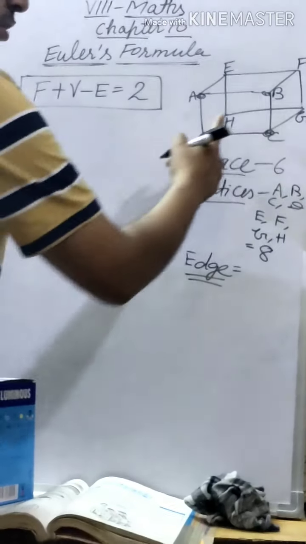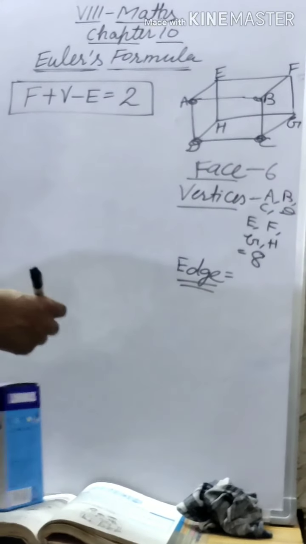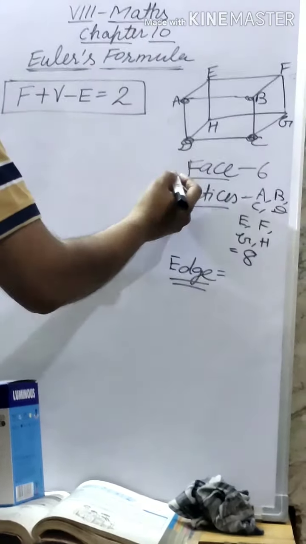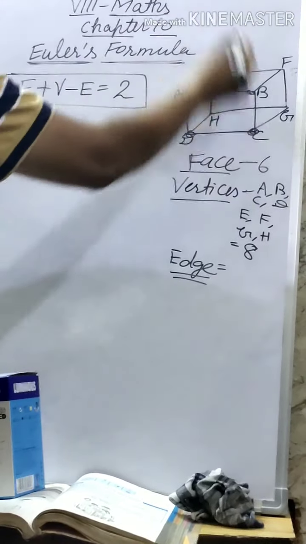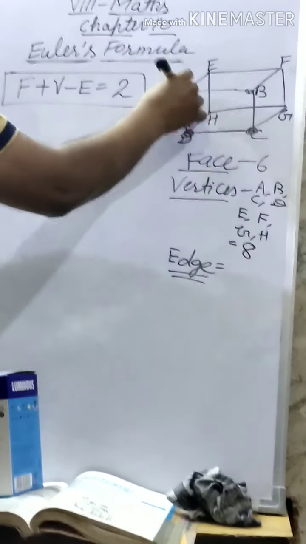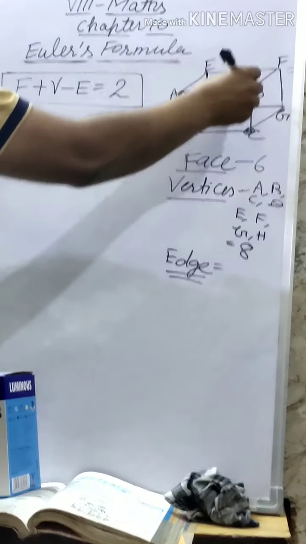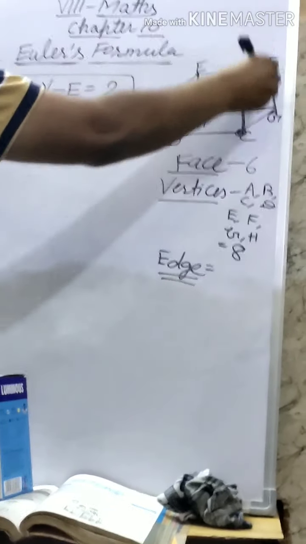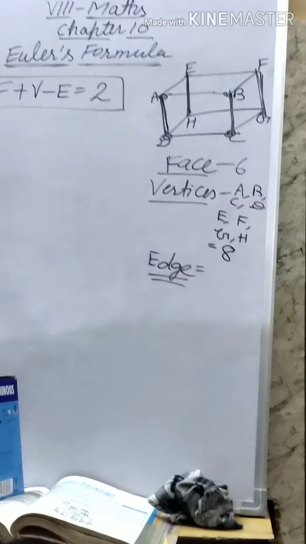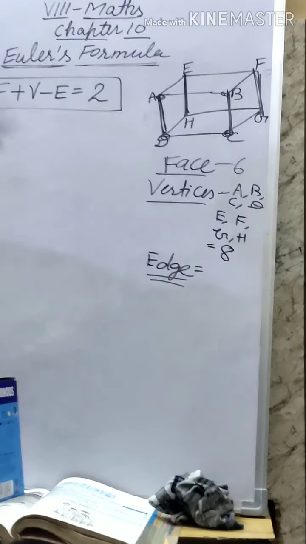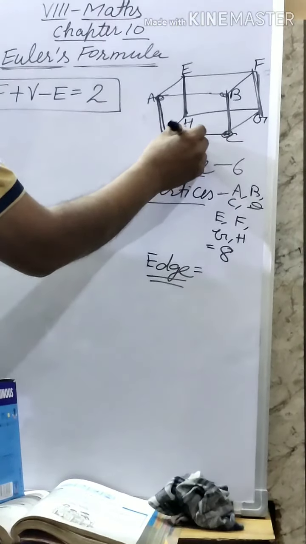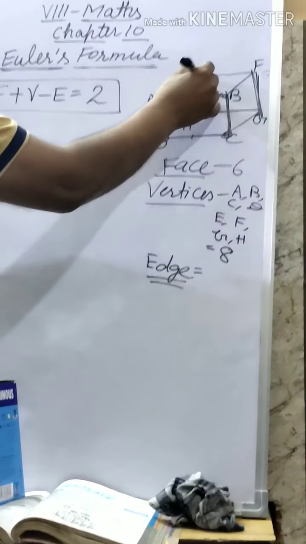And in this figure on the board also you can see edges. There are 4 heights: 1, 2, 3, 4 heights are there. Or you can say 4 lengths are there, 1, 2, 3, 4.